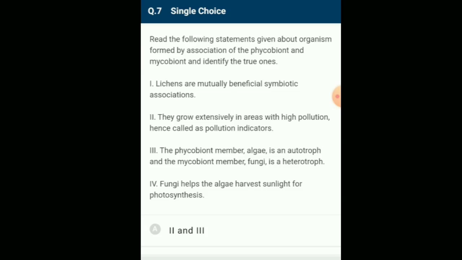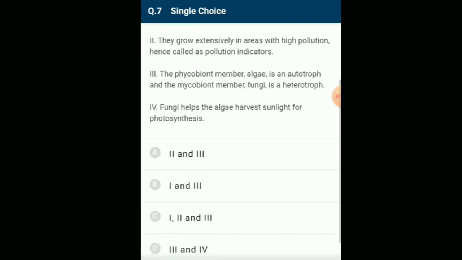The algal partner produces food and the fungal partner provides protection to the algae. The fungi also help in absorption of minerals and water. Lichens generally do not grow in polluted areas, hence they are good indicators of pollution. So from the given 4 statements, statements 1 and 3 are correctly given. So the correct option is B.